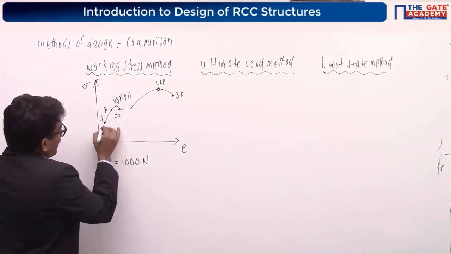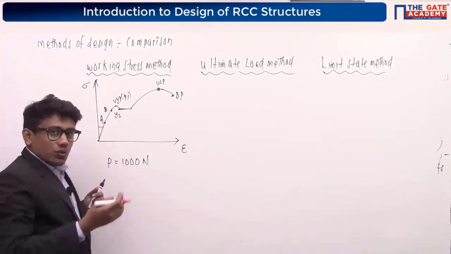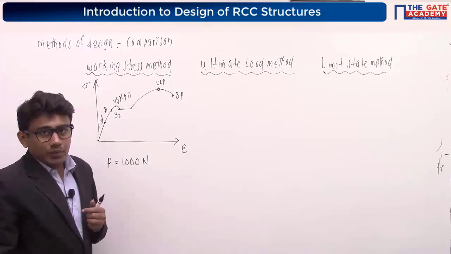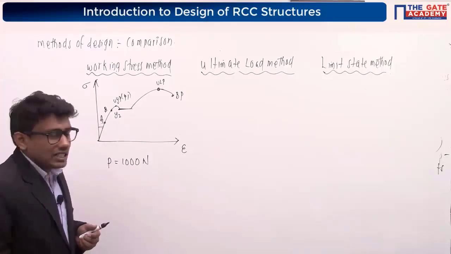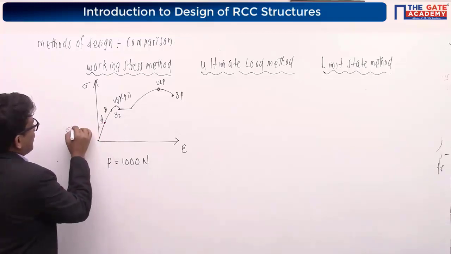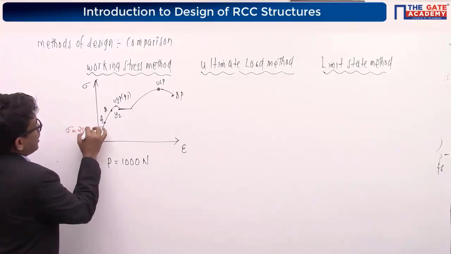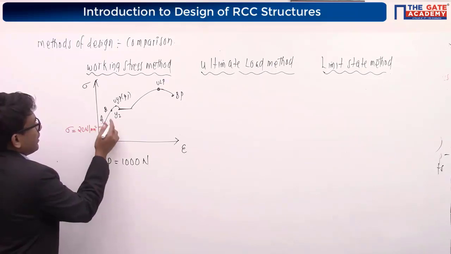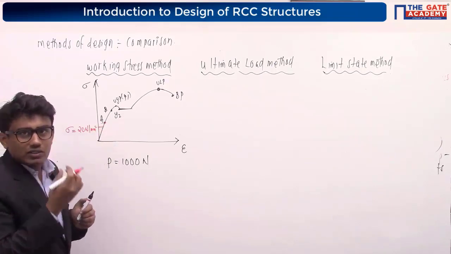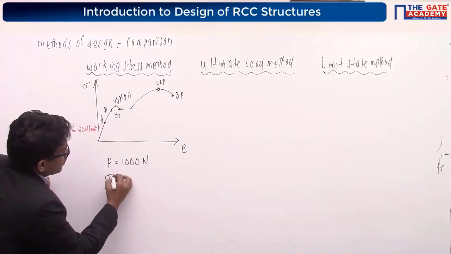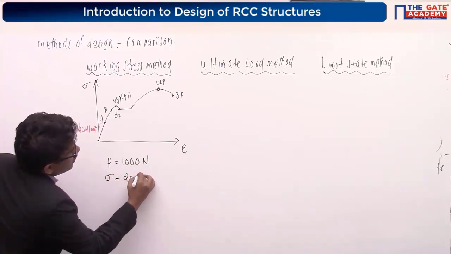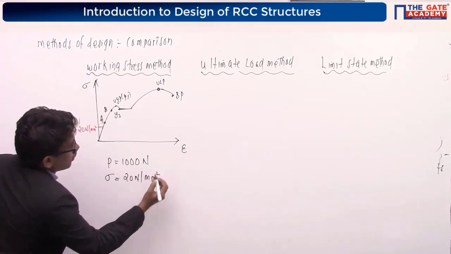Right now, I am going to consider one stress value which is within the linear elastic portion. Suppose the stress value here is 20 Newton per mm square, which is within the elastic limit. So I am going to consider the stress here as 20 Newton per mm square.